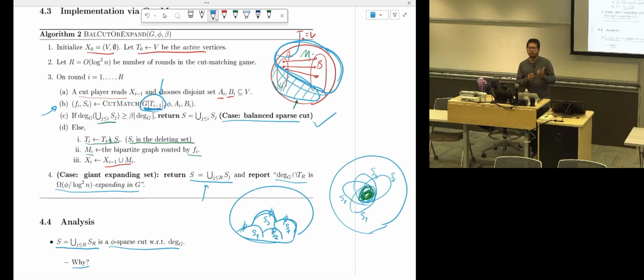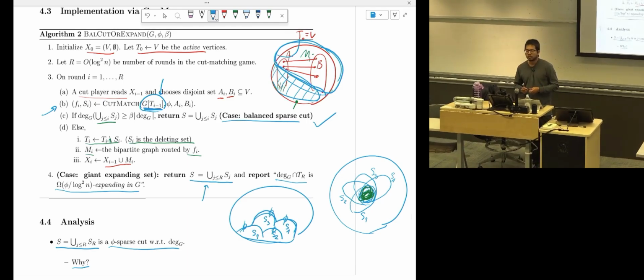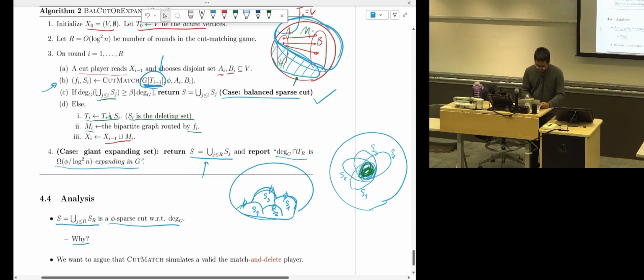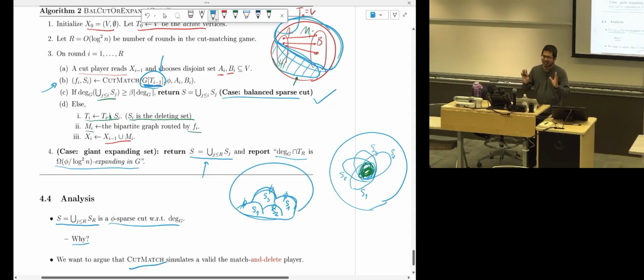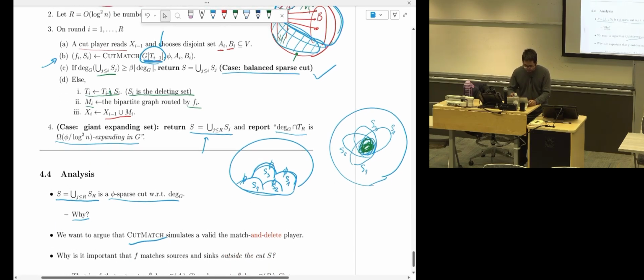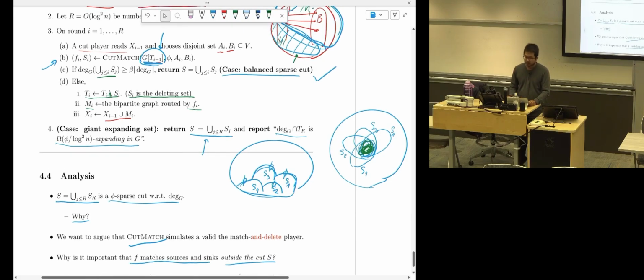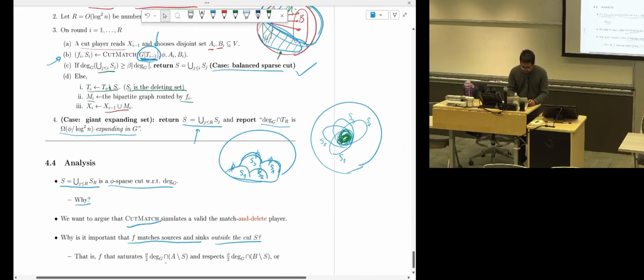Why is that? Well, the reason is that we implement the cut matching game with deletion perfectly. We want to argue that this cut mesh really simulates a valid matching and delete player. And can you tell me why it is important that F matches sources and sinks outside the cut?